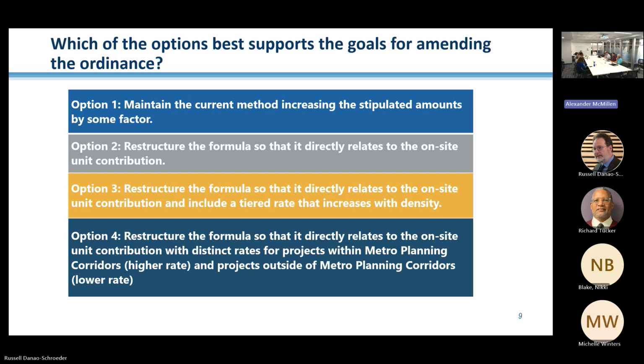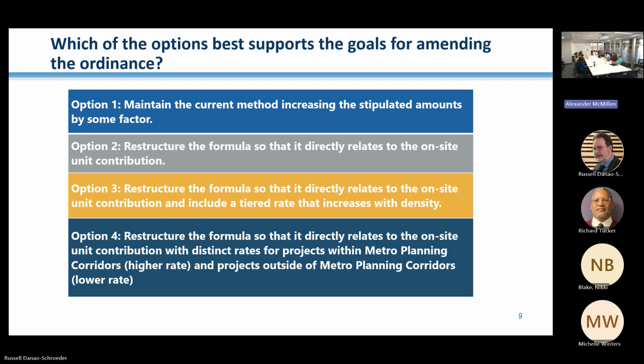Yeah, I mean, we can come back and show, for any of these, we know what number one is now. If we wanted to change that so that it's more in line with the values that we saw, we could come back with a couple of scenarios of increasing that and how that would impact projects.